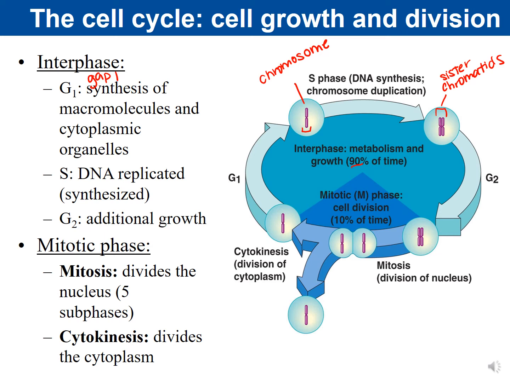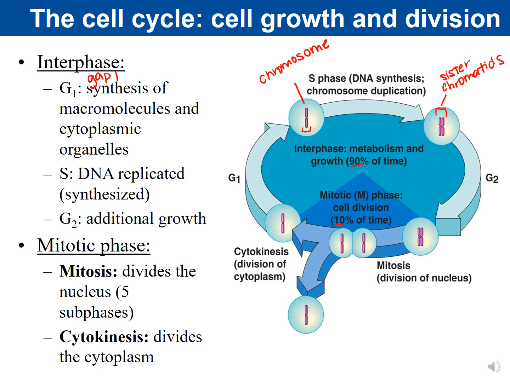After interphase, we have what we call the mitotic phase. This is the cell division part of the cell cycle. And so this is spent about 10% of the time. So this happens much faster. So the mitotic phase is a much smaller percentage of time. And mitosis is where we're going to divide the nucleus, meaning we're going to separate sister chromatids.